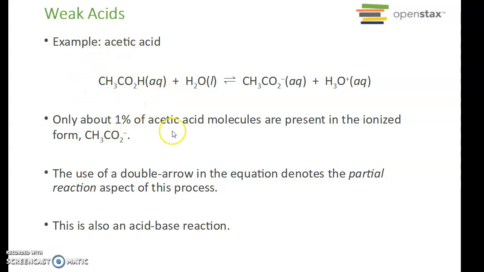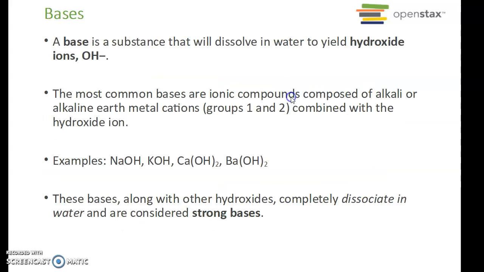Only about 1% of the acetic acid molecules are present in the ionized form, right here, and this acetate form right here. The use of the double arrow here denotes a partial reaction, okay? So this side is in equilibrium with this side. It hasn't all gone over to the other side. Okay, so this is again also an example of an acid-base reaction.